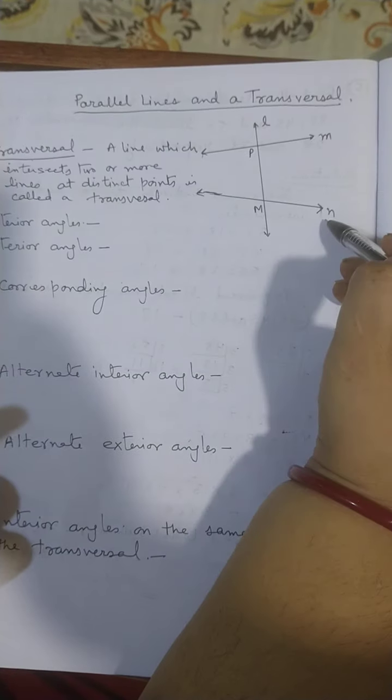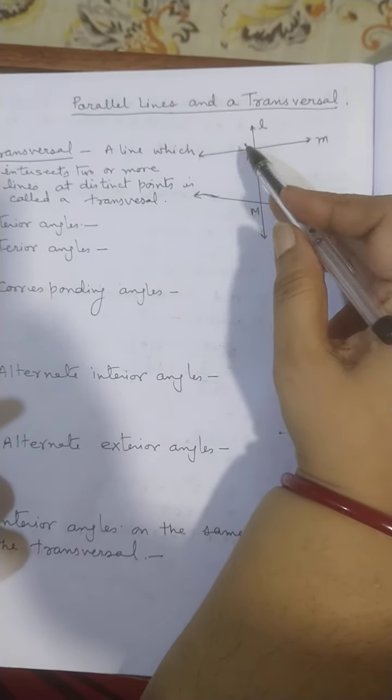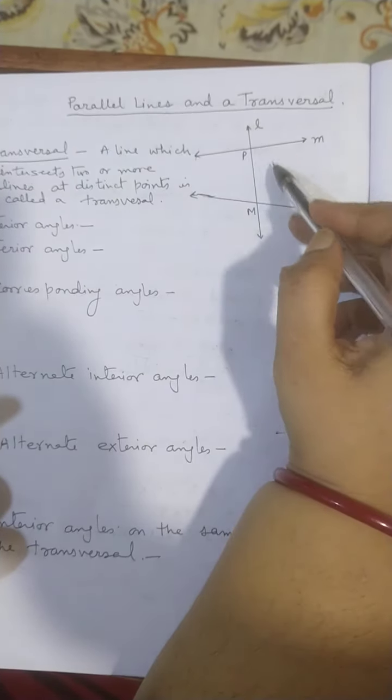Now, when the line intersects two different lines at distinct points, then different angles are formed.